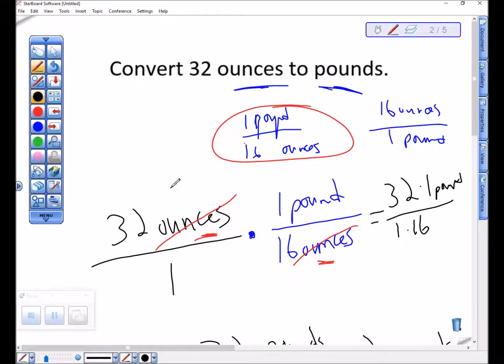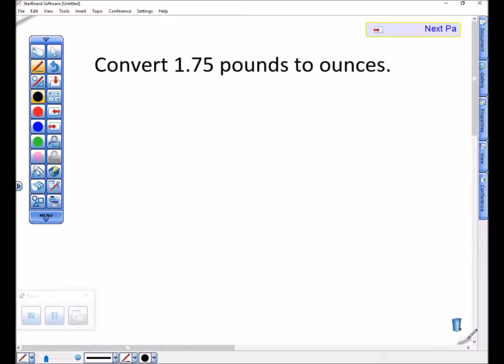So, even though I know you knew 32 ounces was 2 pounds, look at what we did. If you were rolling your eyes the whole time so loud you couldn't hear me talking, go back and watch the example again as if you didn't know what the units were.